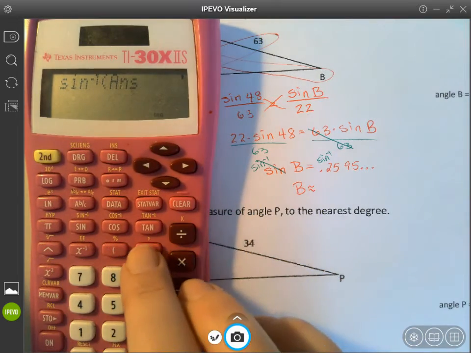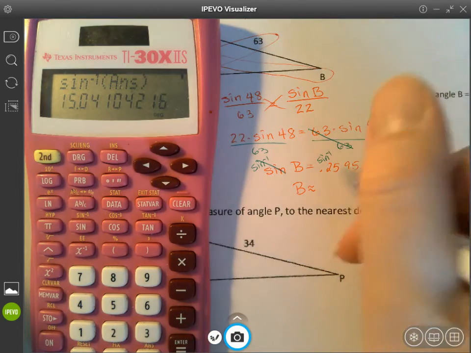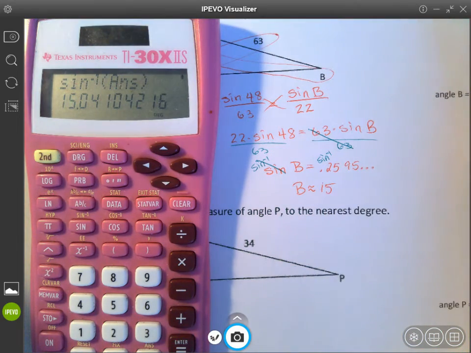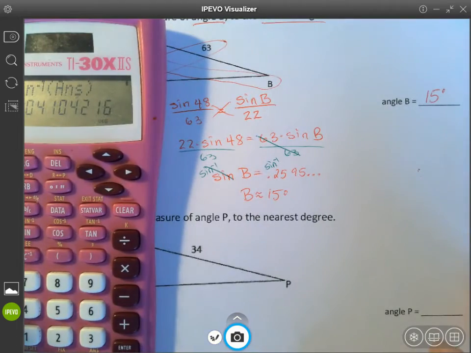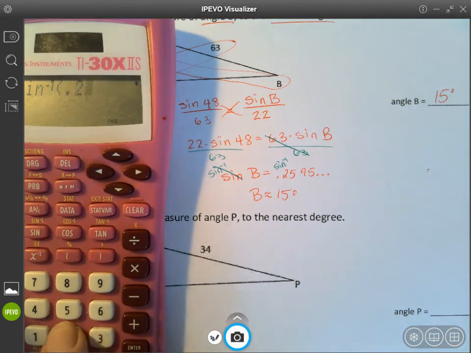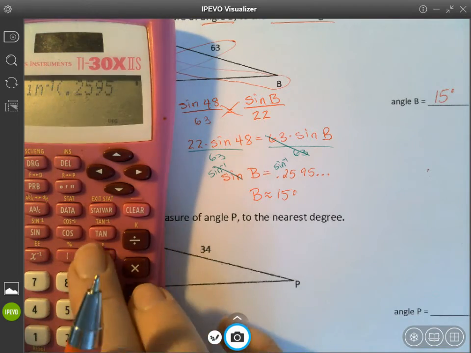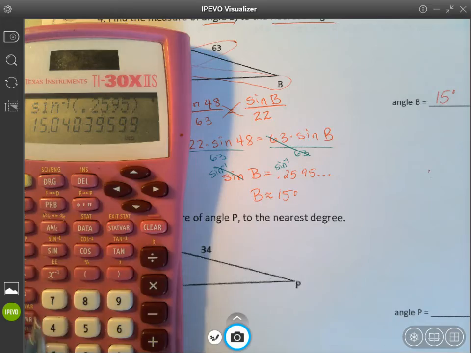So that pulls up that whole last answer, and I get 15.04. So 15 degrees. Did you label it degrees? Now, if I would have typed in that decimal point 2595, I get a very, very close answer. It's just off a little bit.